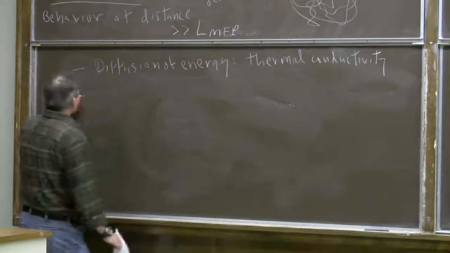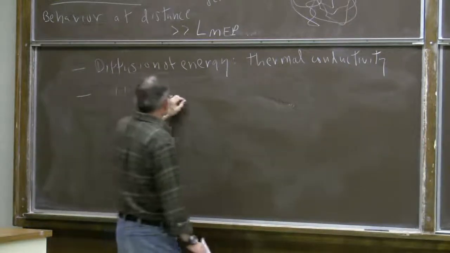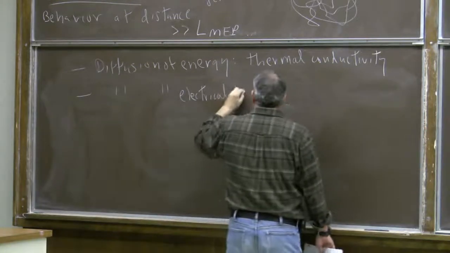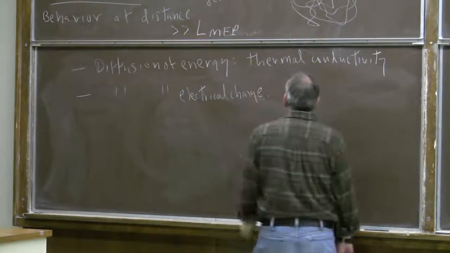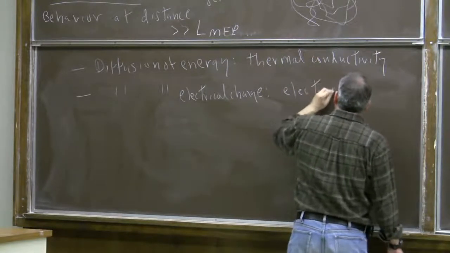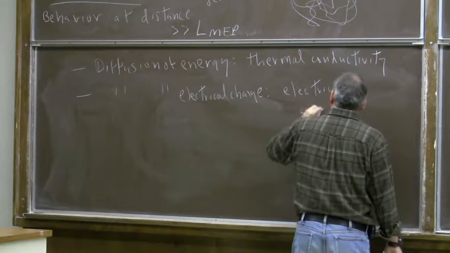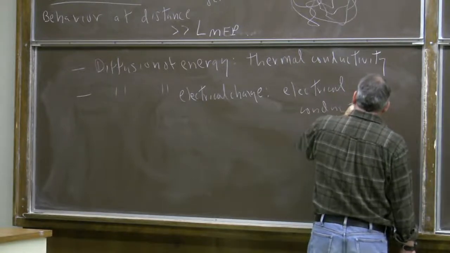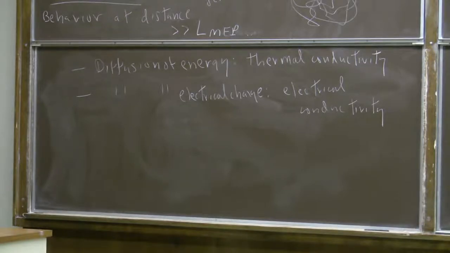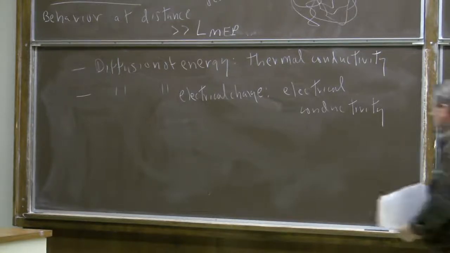When we consider diffusion of electrical charge, that's electrical conductivity. It tells us how quickly electric charge will flow from a region of high electric potential to low electric potential, with the electrons being scattered many times along the way.